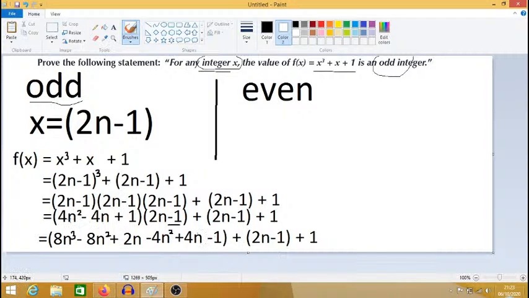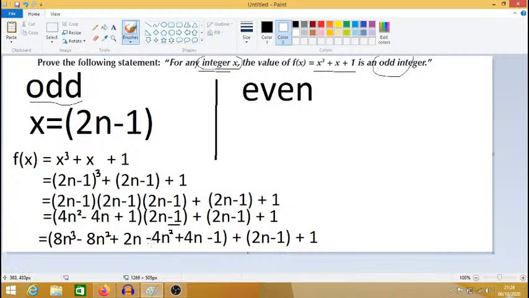Just double check I haven't made a mistake. 4n squared times the 2n, 8n cubed, and keep sticking with the 2n. That's 8n squared minus 8n squared, and then plus the 2n. That's looking good. And then using the minus 1 to times everything, minus 4n squared plus the 4n, because 2 minuses, and then minus the 1. That looks good as well.